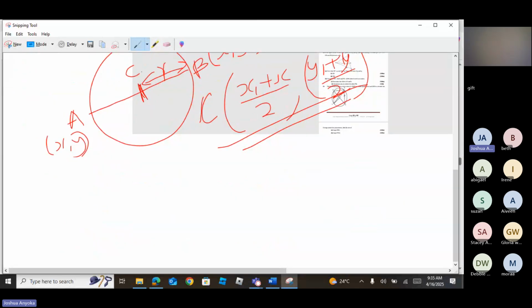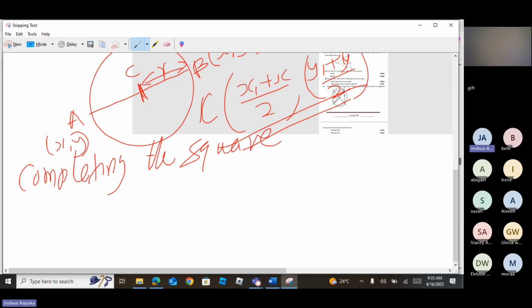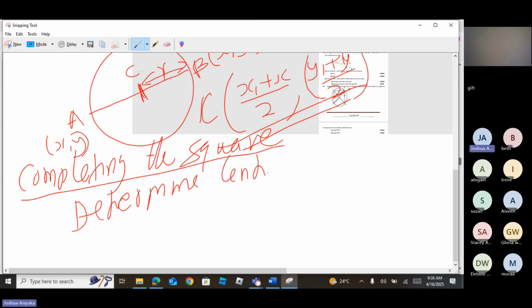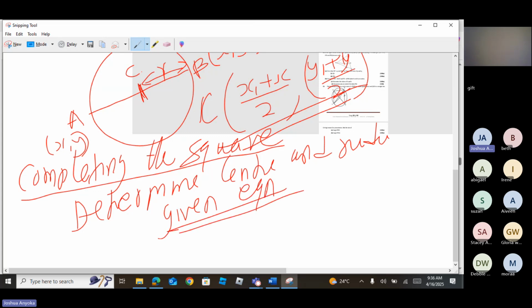Another aspect that we are supposed to know is completing the square. This one will help us when we want to determine the center and the radius when you are given the equation of a circle. When given the equation of a circle, you can be asked to determine the center and the radius.